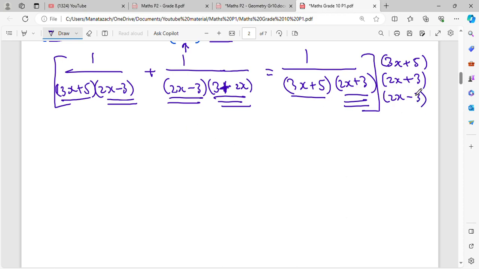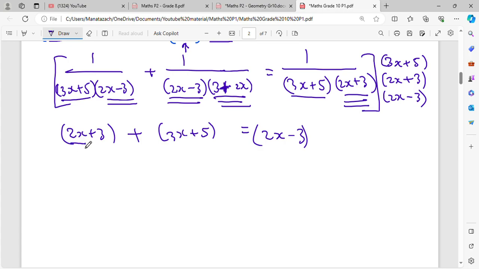When you do that, here you'll be remaining with 2x plus 3, alright, and then here you'll be remaining with 3x plus 5, and then here you'll be remaining with 2x minus 3.